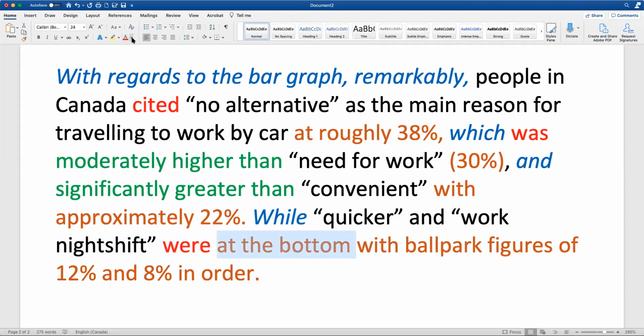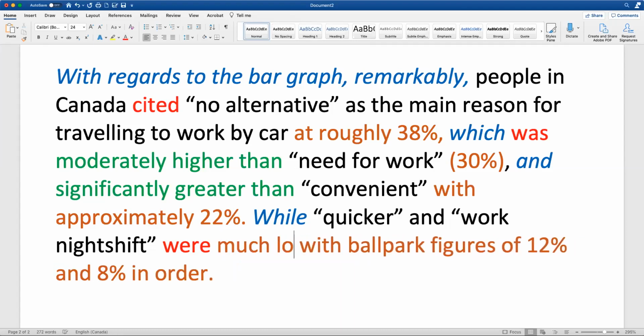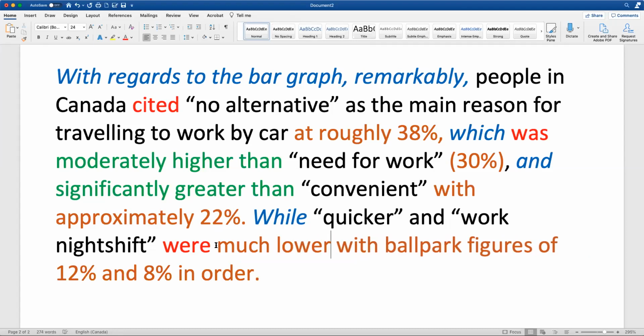Yeah, they're lower. Okay, we can put lower here. We can say we're much lower. Let's put that instead since you said it.